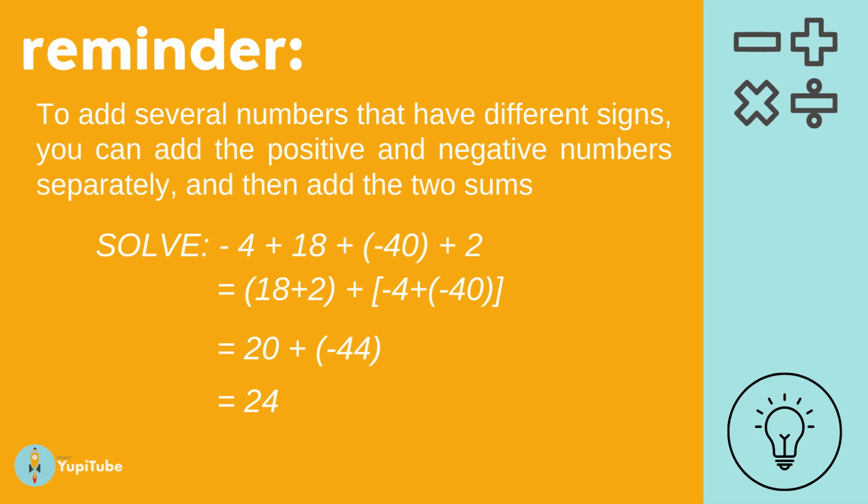First, let's add the positive numbers separately from the negative ones. So 18 plus 2 plus negative 4 plus negative 40. That will lead us to 20 plus negative 44. Our final answer will be negative 24.